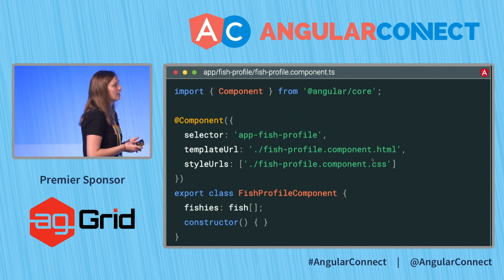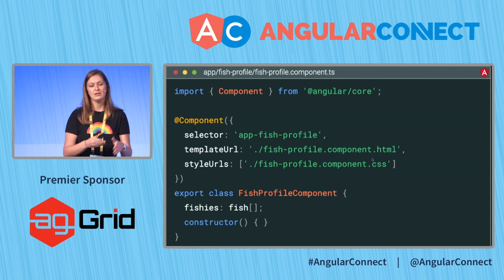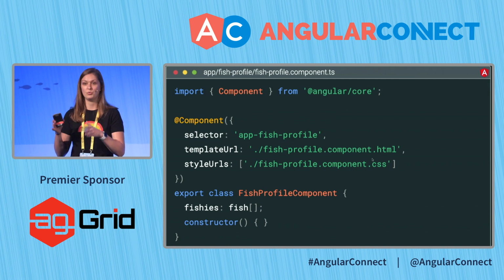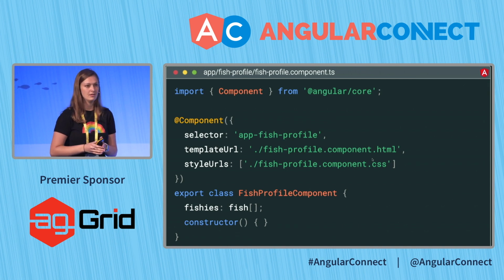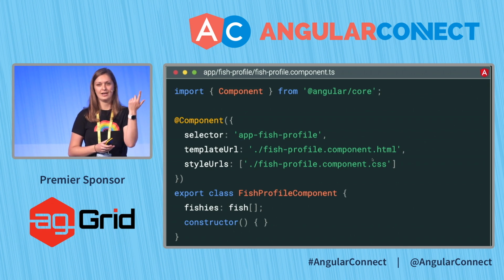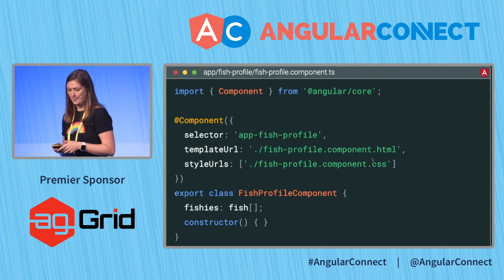The template URL helps us define the HTML that's associated with that component. And the styles URL also helps us associate the styles with that single component. So every component has a TypeScript file, an HTML file, a CSS file, and a spec.ts for your tests.